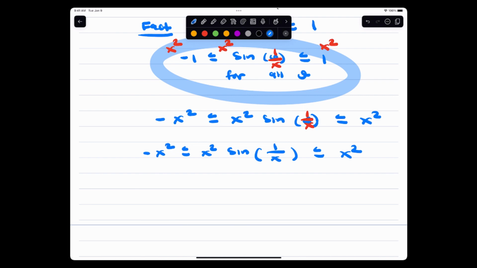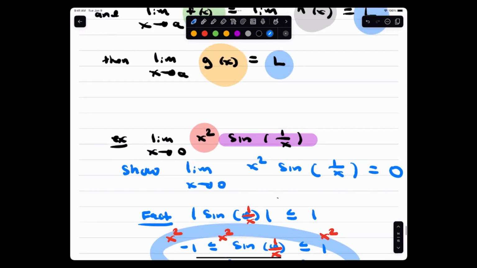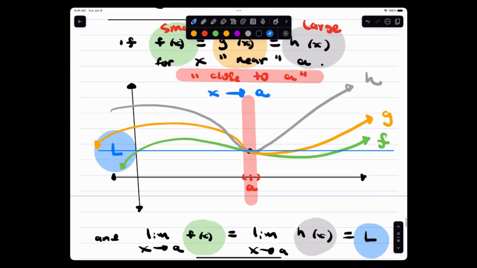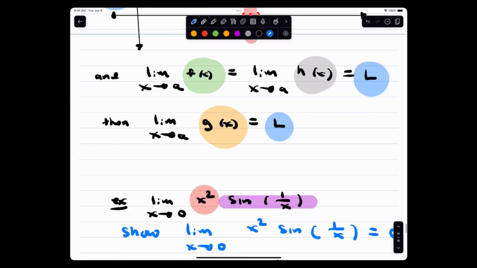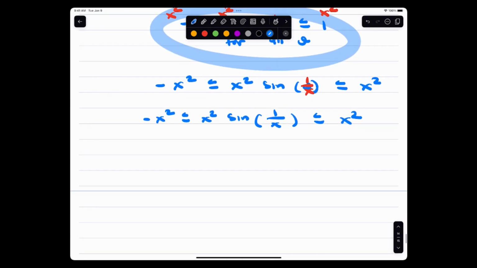So what you have now, let's go back to our colors: green, orange, and gray. So far, so good?